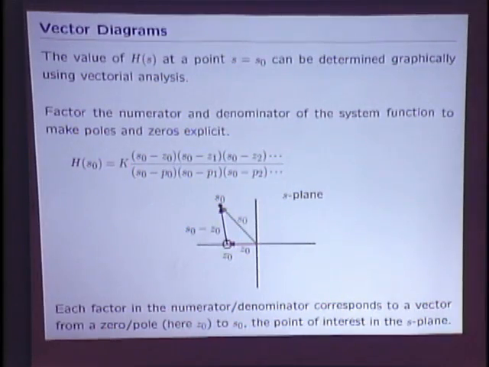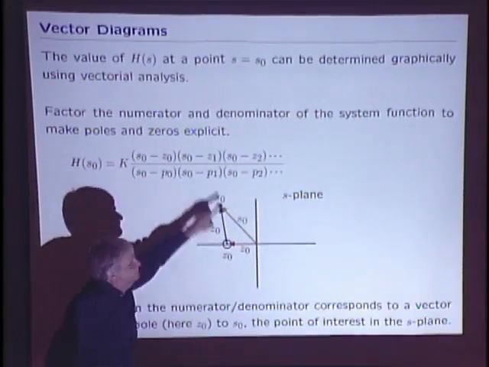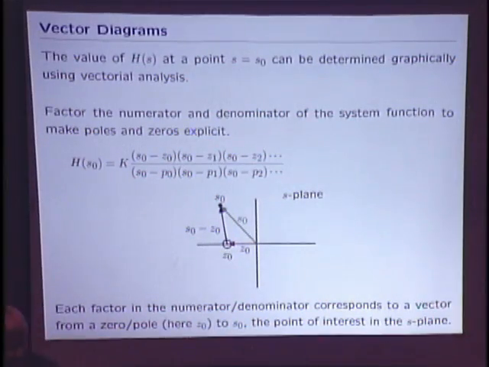By the fundamental theorem of algebra and by the factor theorem, I can factor it. It makes it look like that. And then each of these terms looks like a vector in the s plane. The difference between two complex numbers is a vector.